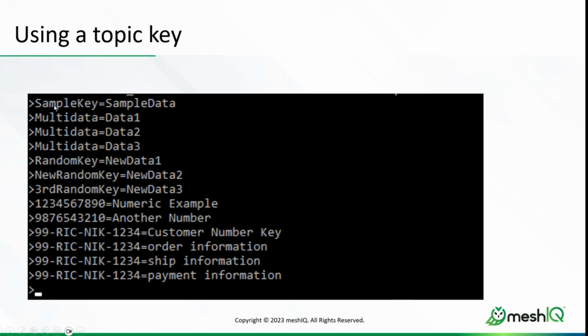I've got a multi-data example. I've got a random key, some stuff I threw in, a number, another number, and then some customer related thing, where it's got some secret encoded message. And I've got those. So that's my data just for the purposes of sharing it.